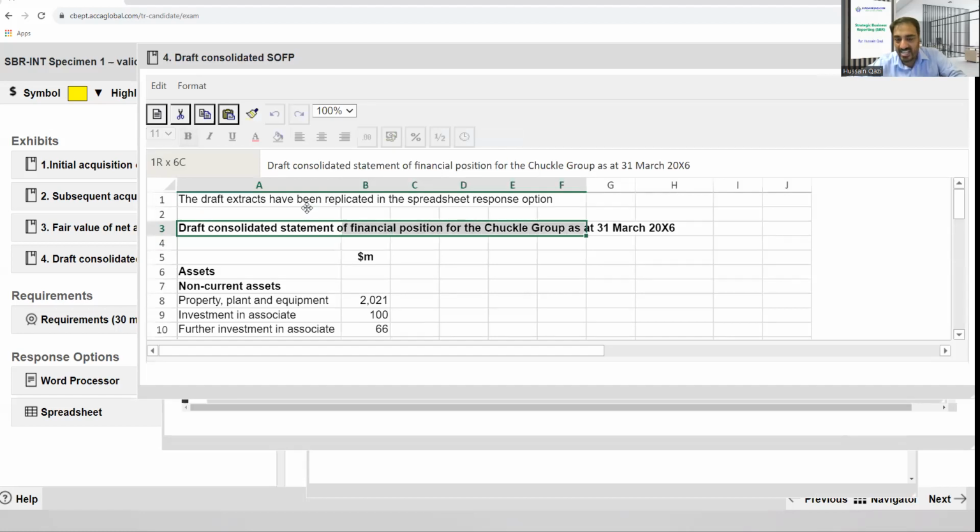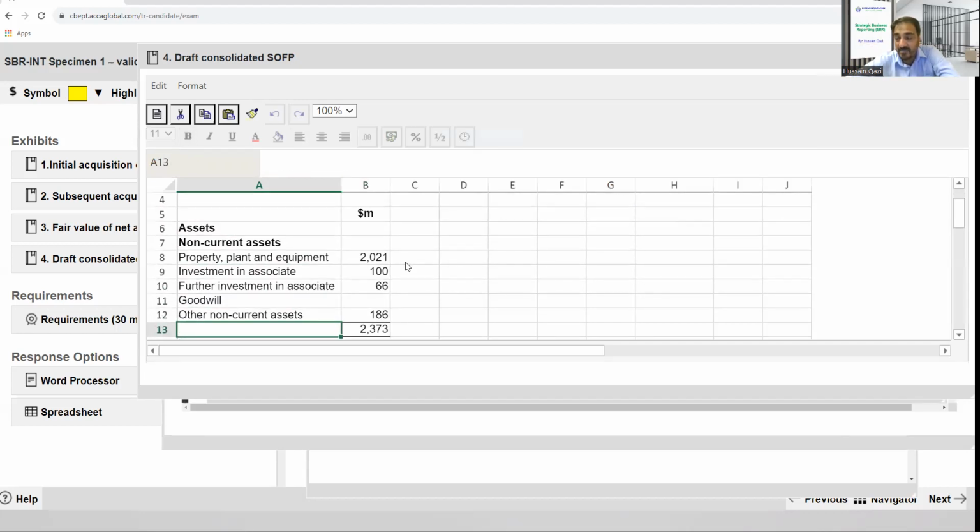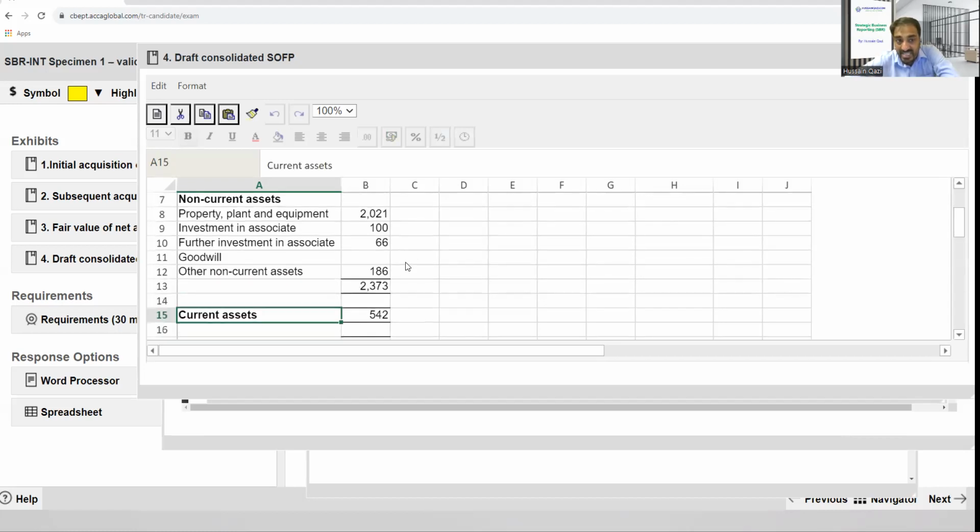Here the drafted consolidated balance sheet has some missing figures, for example, the goodwill.